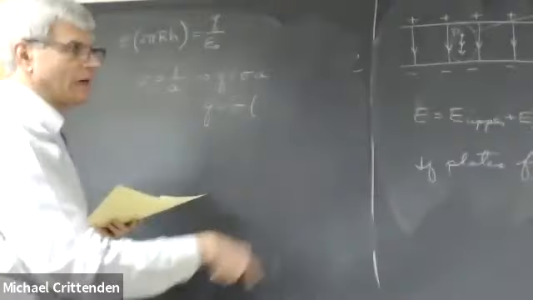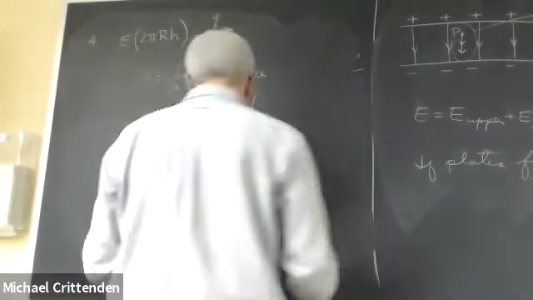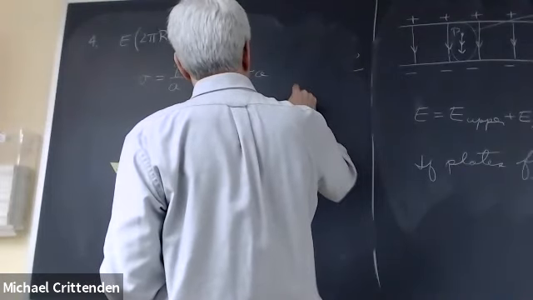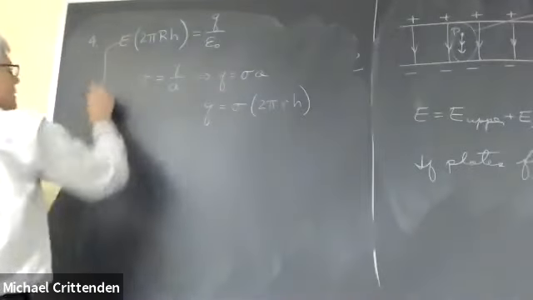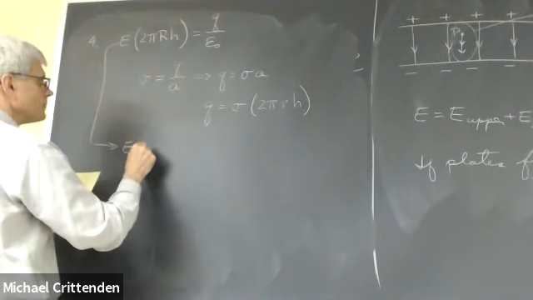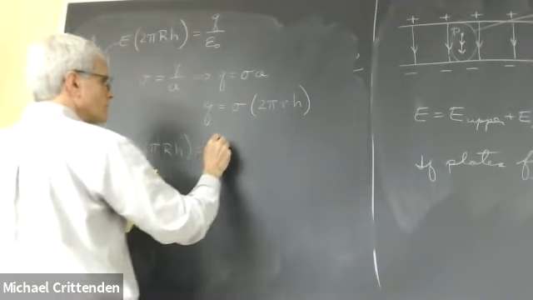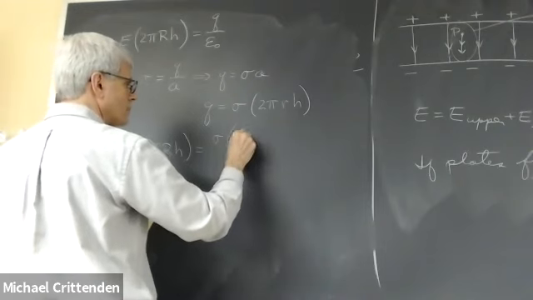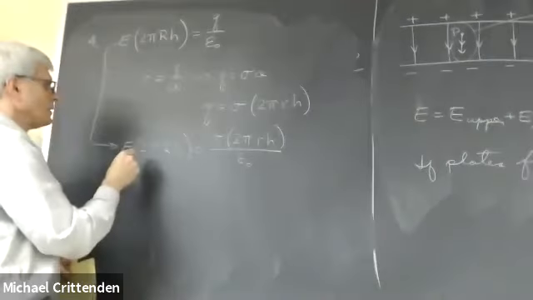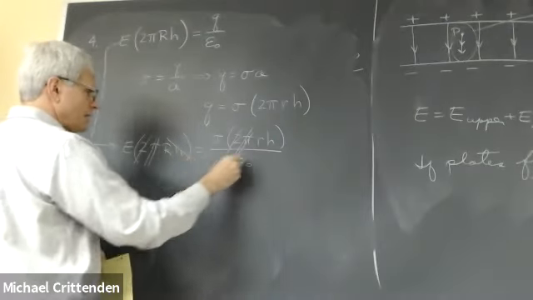As I wrote over there on the picture, the area of the pipe within the Gaussian surface is 2 pi times little r times h. So when I put it all together, a whole bunch of stuff is going to cancel out. The 2 cancels, the pi cancels, and the h cancels.